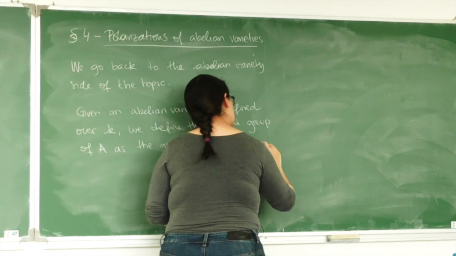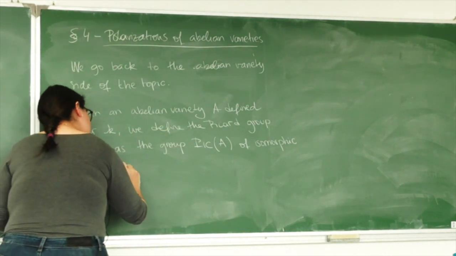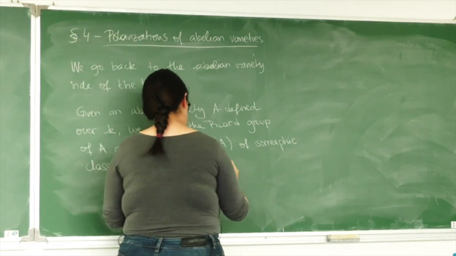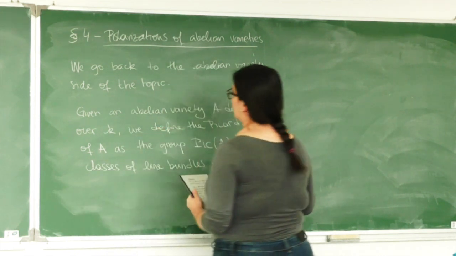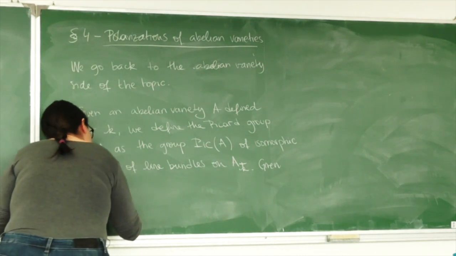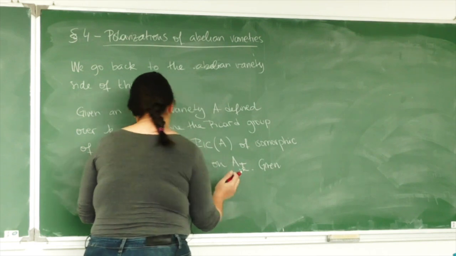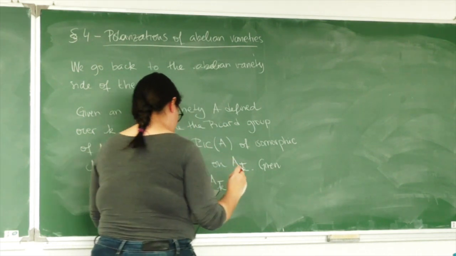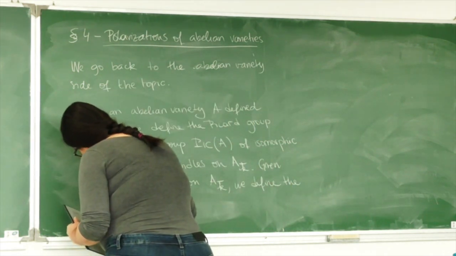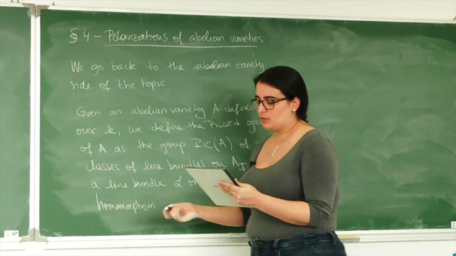of isomorphism classes of line bundles on A, but defined over the algebraic closure of K. Given a line bundle L on A over the algebraic closure, we define the homomorphism, and here I'm kind of already hitting a proposition, because one should actually prove that this is a homomorphism.